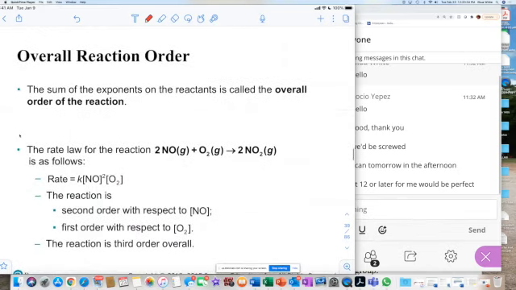Now that we've seen all of these, the other thing that you're going to have to be able to produce is the overall reaction order. So this here is a hypothetical situation to help you answer this question, okay? This is something that you need to know, which is how to provide the overall reaction order.